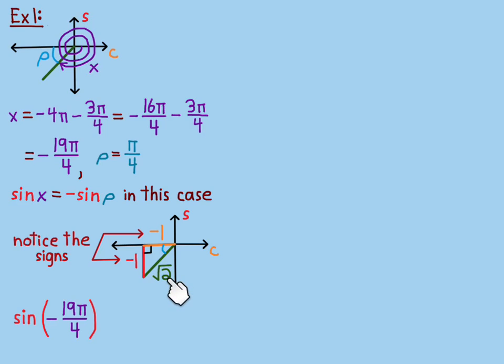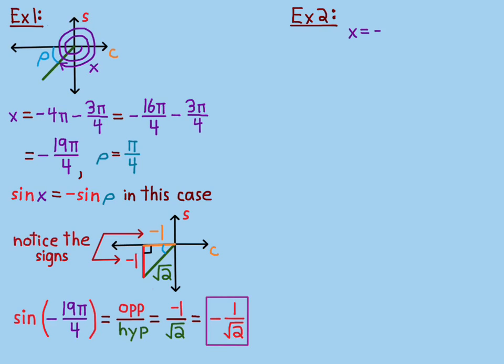It's negative 1 over square root of 2. It's that simple. See, so now we're really using triangles again. But the legs are kind of signed differences. They're plus or minus, or positive or negative if you want.